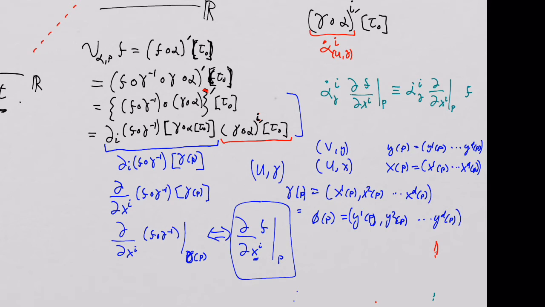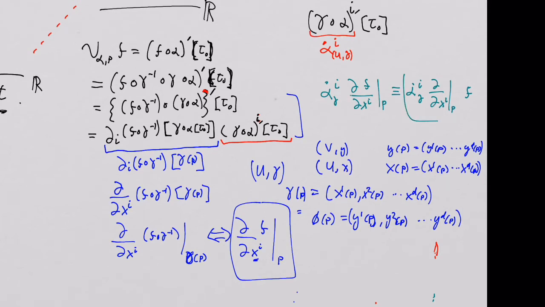And this is our basic archetype for how to write down a vector v gamma at P operating on f.